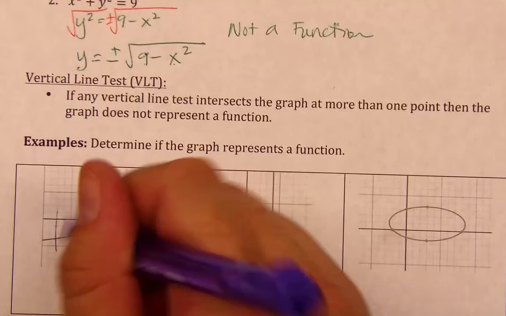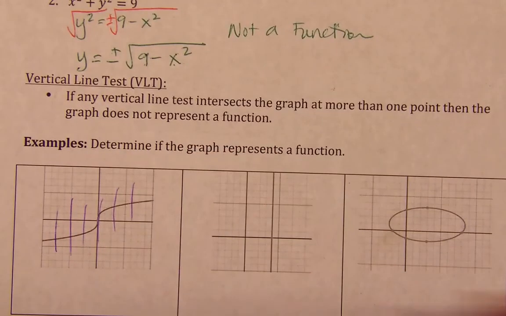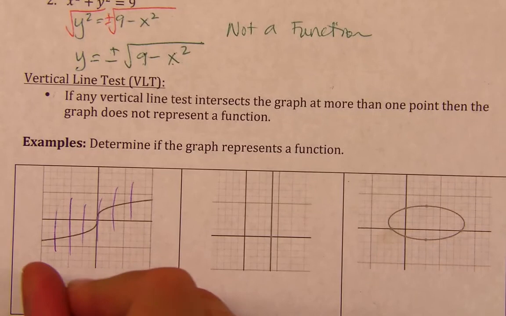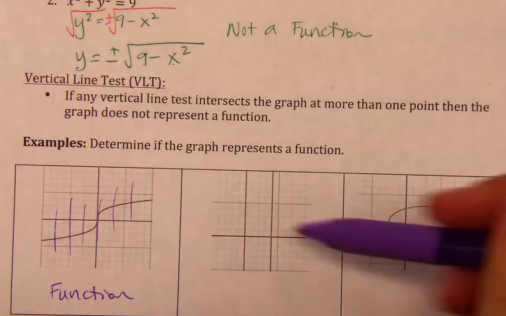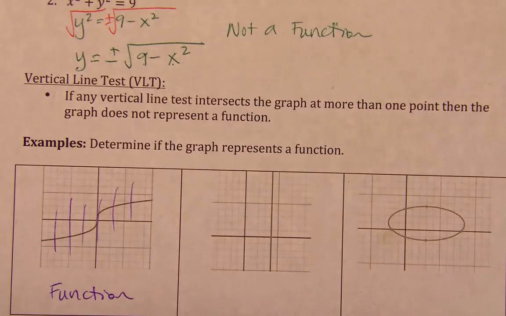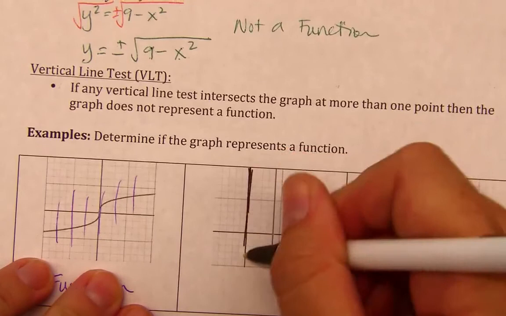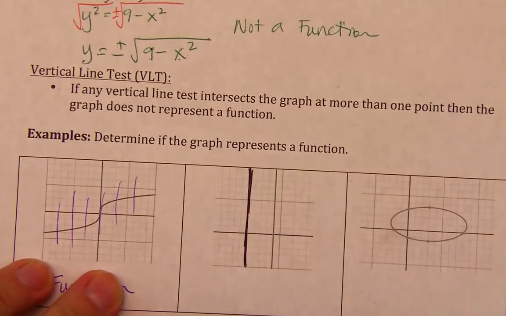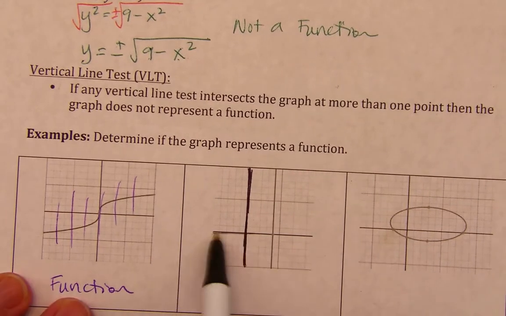So looking at these examples, this first one here, none of these vertical lines hit more than once, so this is a function. And this one, it's a little bit hard to tell, so I'm going to help this picture a little bit here. This is the y-axis, and right here we have the x-axis.